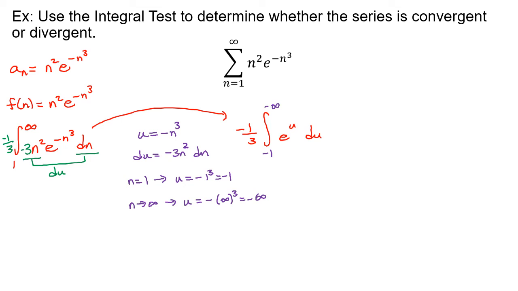Now, one thing you might notice is that your limits are upside down. Negative infinity is to the left, and negative 1 is to the right of negative infinity. So our limits are upside down, but I can fix that just by swapping the sign to a positive out in front, and that would fix it.